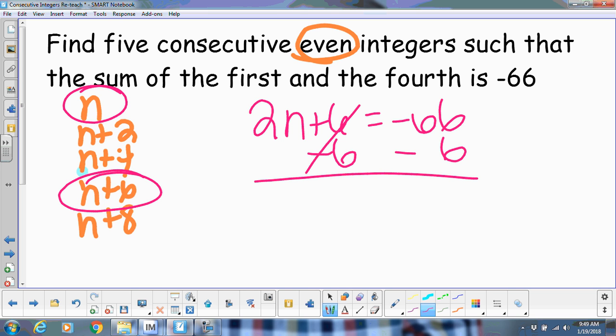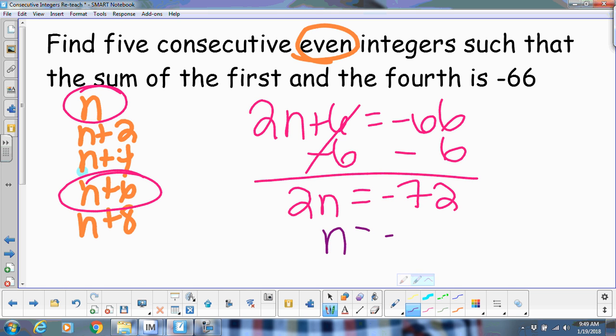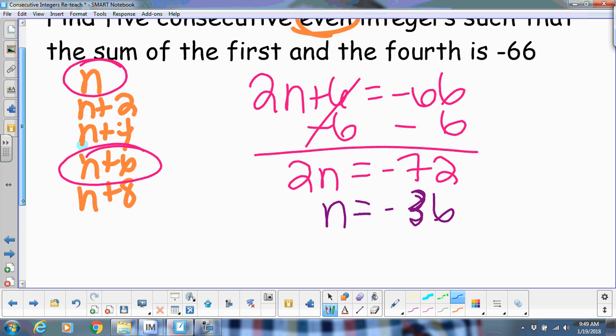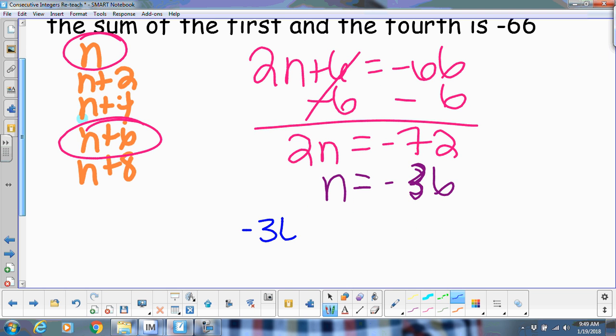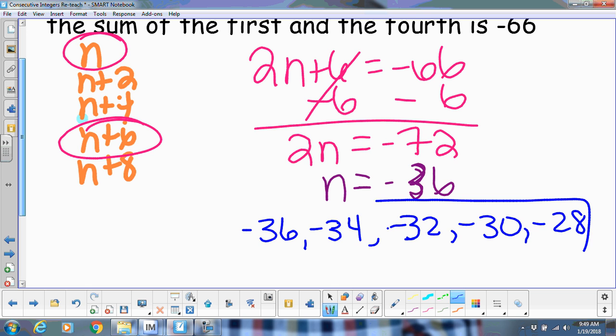Again, integer rules here, that should have given you negative 72. And divide by 2, and n should be negative 36. Okay, negative 36 is your first. It wants all of them. So that's going to be negative 36, negative 34, negative 32, negative 30, and negative 28 are your 5.